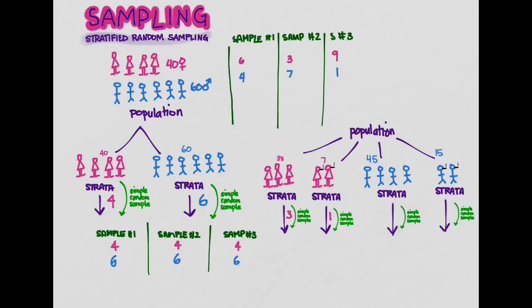Let's take 4 from this group and 2 from this group, to take a simple random sample from each one of the strata. So each one of these yields its own sample, and we combine them all at the end to make one sample. And that's our stratified random sample.